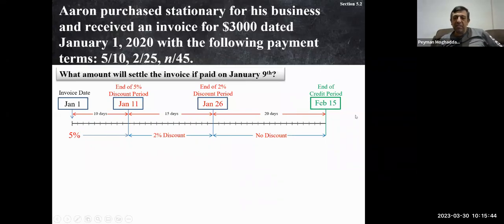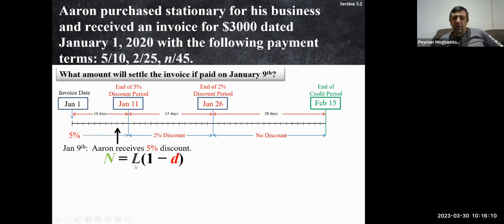So now I made this table. Now the question is, what amount will settle the invoice if paid on January 9? January 9 is between January 1 and January 11, so they get 5% discount. So 5% discount on $3,000. It means $3,000 minus $3,000 multiplied by 0.05, or $3,000 times (1 minus 5%).